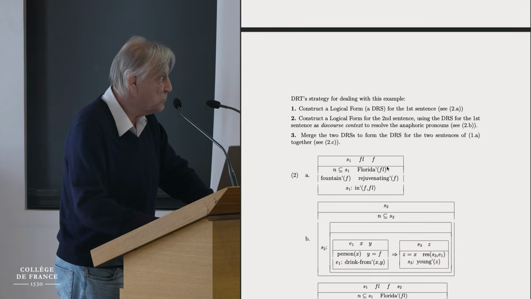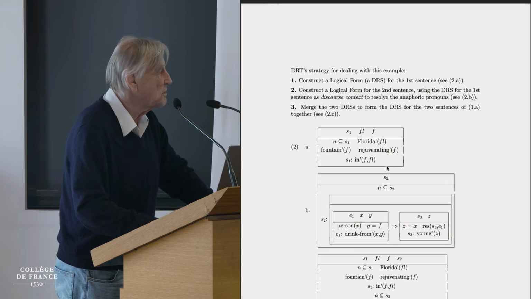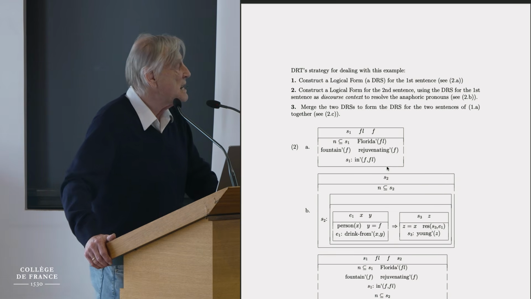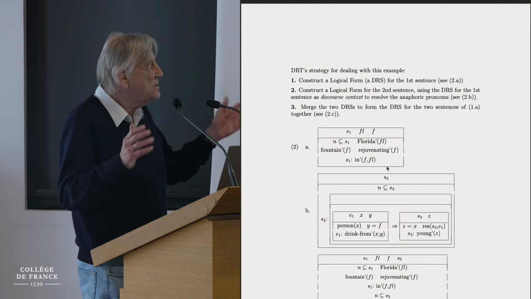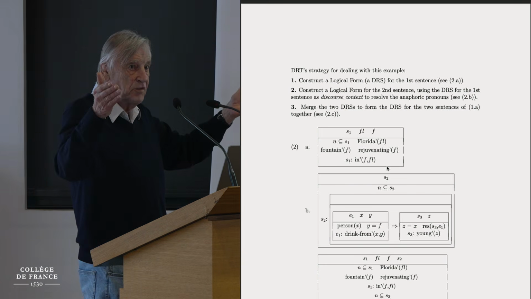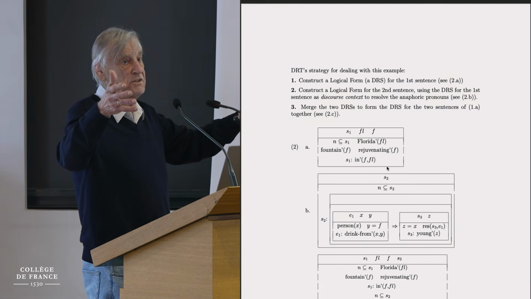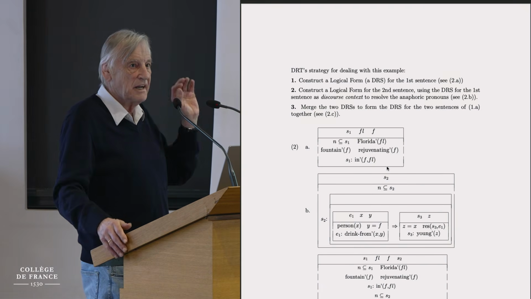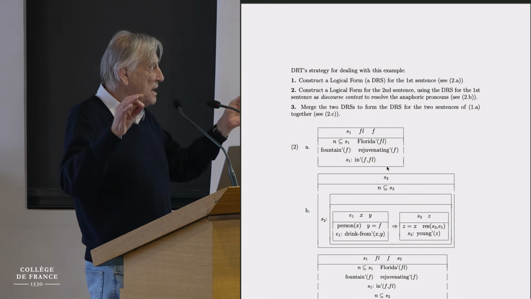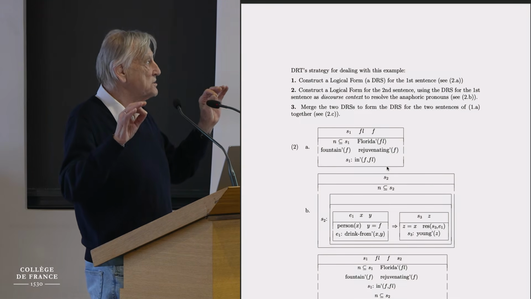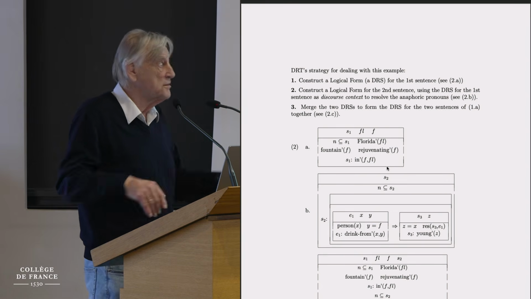And then when you turn to the logical form construction of the second sentence, you can use the logical form you have constructed for the first sentence as a kind of discourse context, which can help you in particular to resolve various elements in the second sentence that have to do with anaphoric relations between it and the first sentence.